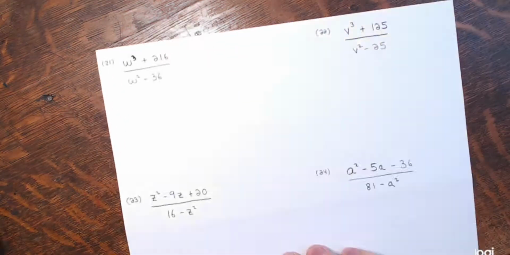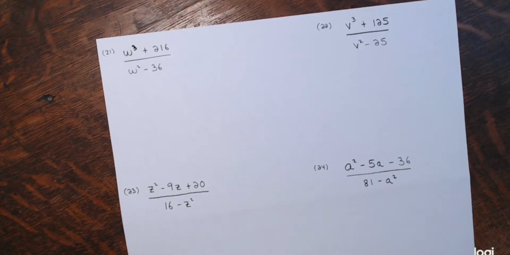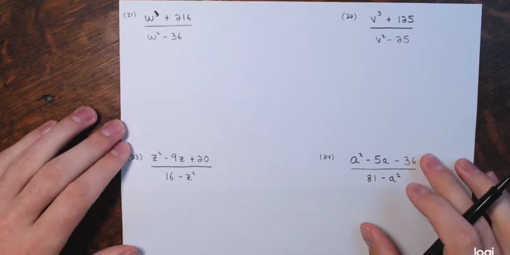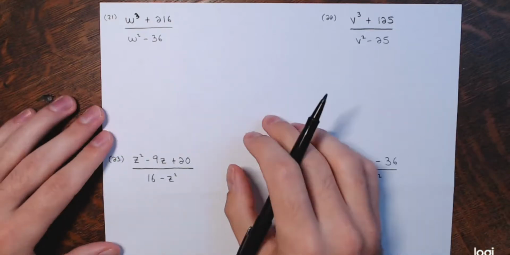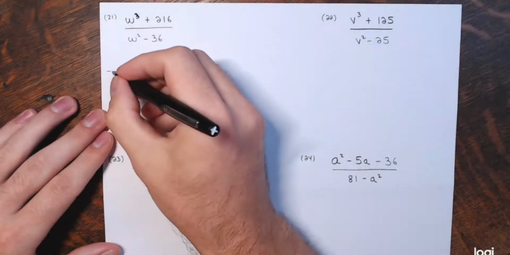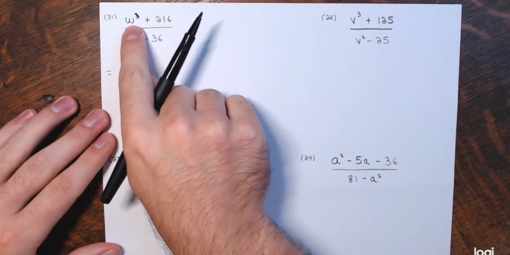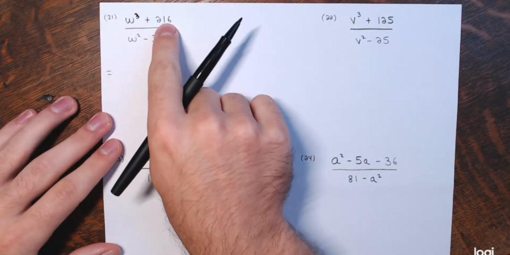Alright, I've got one final page, and it's all the same. Factor the numerator, factor the denominator completely, cancel any common factors, also listing values that the variables can't be. Alright, so here the numerator is a sum of cubes.